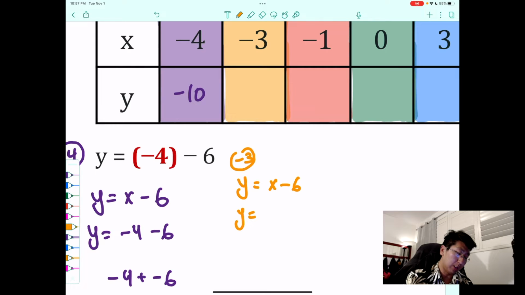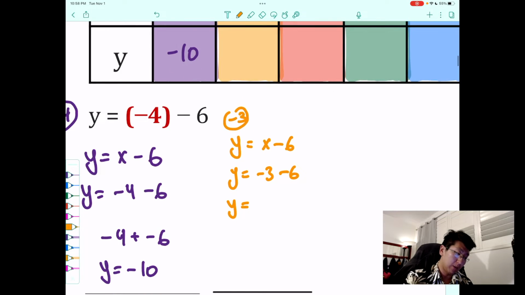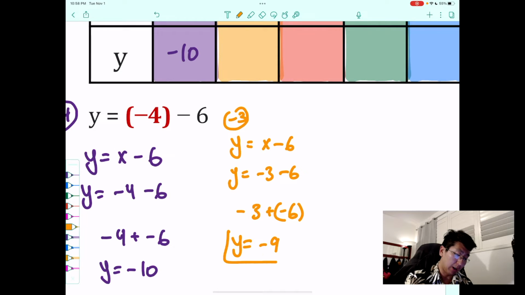Y equals, instead of x, I'm going to plug in -3. -3 minus 6. Oops, sorry. -3 plus -6. Right? We never changed the first number. We changed that to addition, and then 6 becomes a negative, the opposite. So y equals -9.